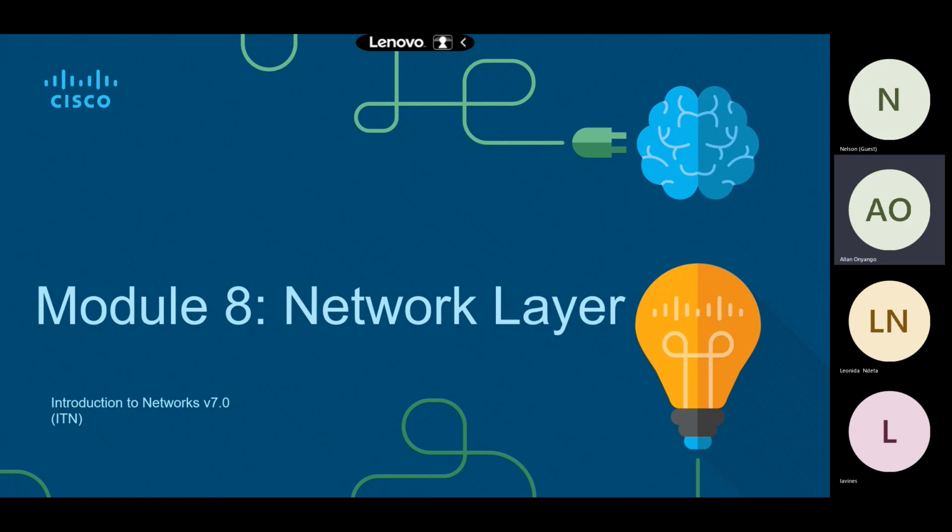Then we went to the data link layer, which is layer 2 of the OSI, and within the data link layer, we talked about the addressing types, where we talked about the binary addressing system, the decimal addressing system, and the hexadecimal addressing system.